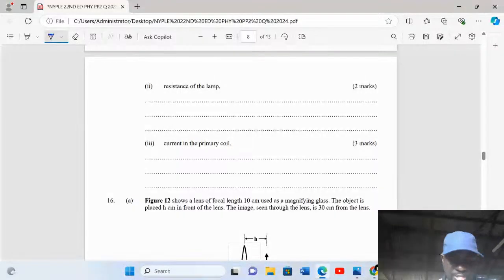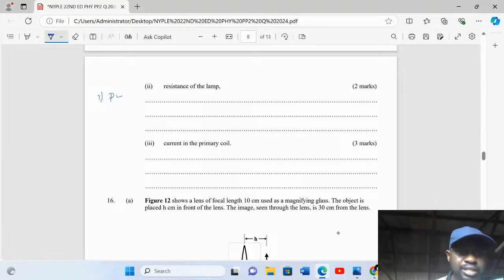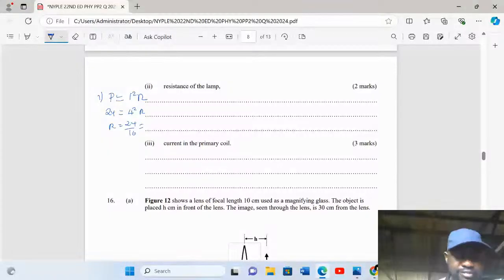Option one: if we use the formula P is given by I squared R, then our 24 will be given by a current of 4 amperes squared times R. Our R here will be given by 24 divided by 16, 1.5 ohms.